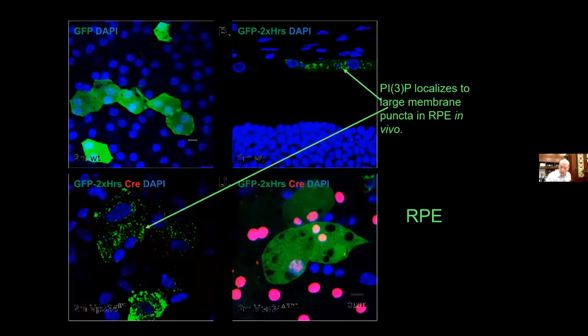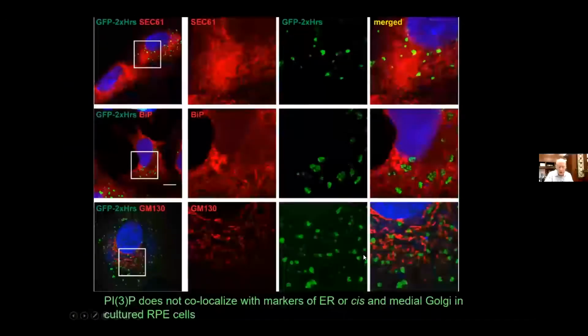And so we get mosaic expression and mosaic knockout. That has the disadvantage that we have to infer from the phenotype or from CRE staining whether a particular cell has the knockout or not. But it also has the advantage that we can compare wild type cells to knockout cells right next to each other in some cases, or at least in the same retina.